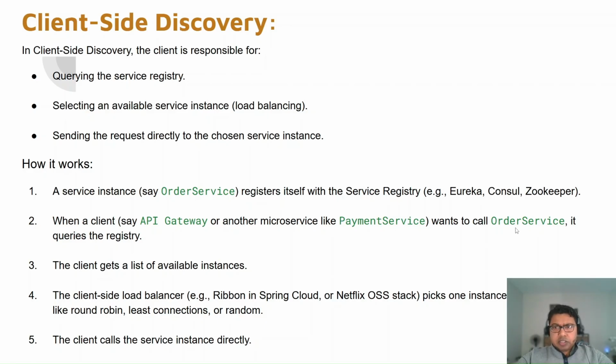Order service will call Eureka and check if that payment service is registered there. It will get the host and port information from Eureka, and the order service itself has to call this payment service. So this is client side discovery. The client gets a list of available instances and then calls that particular instance.